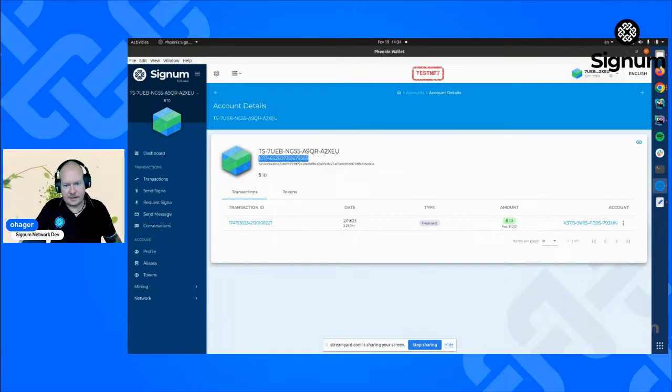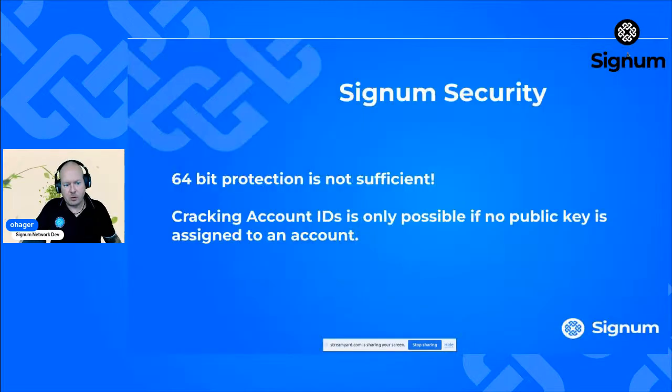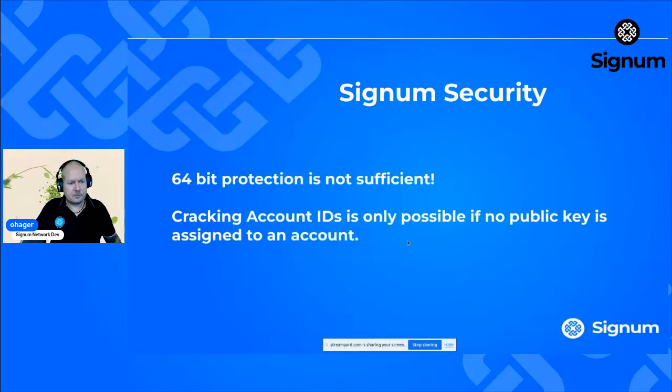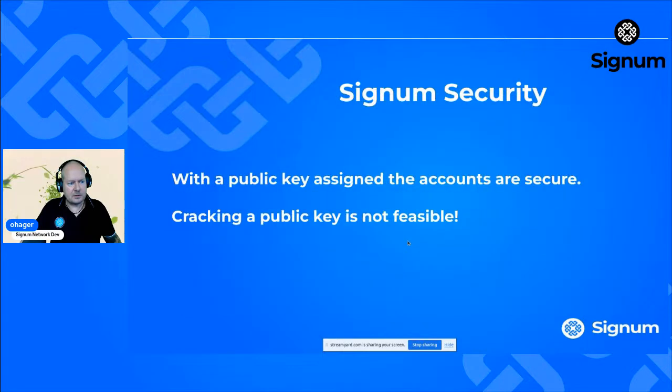So this is implicitly, automatically built into all our wallets, just to say that. So with a public key assigned to the accounts, the accounts are secure, you can see. So cracking a public key is not feasible.